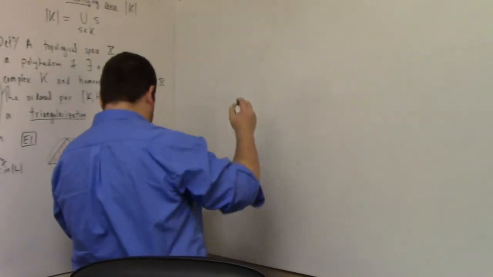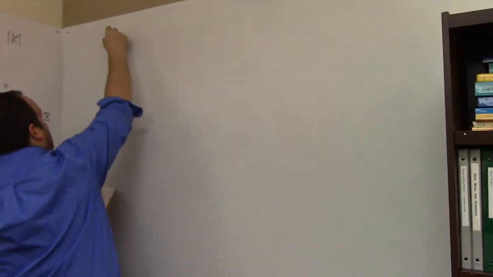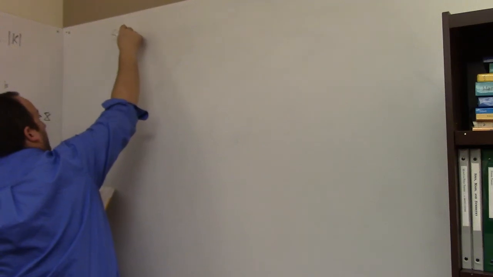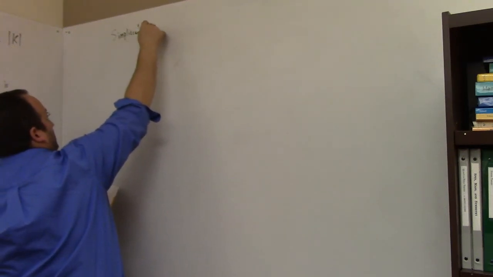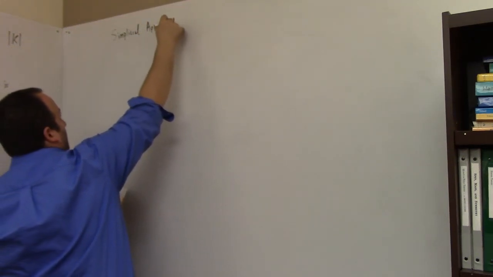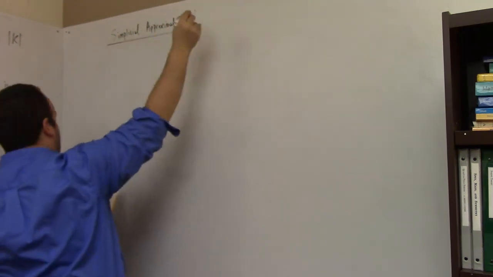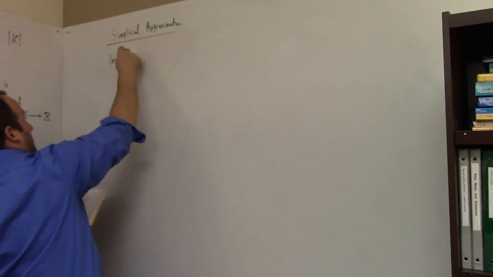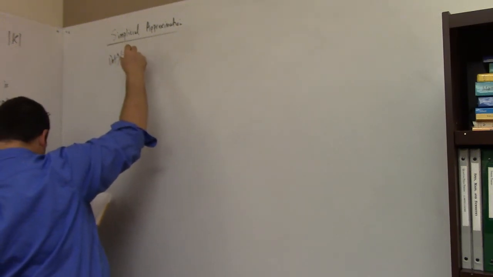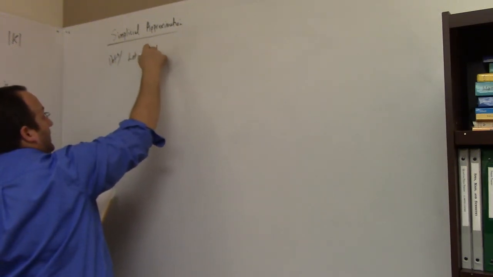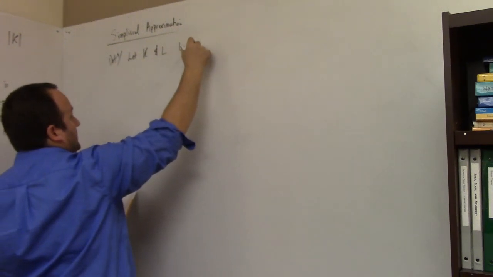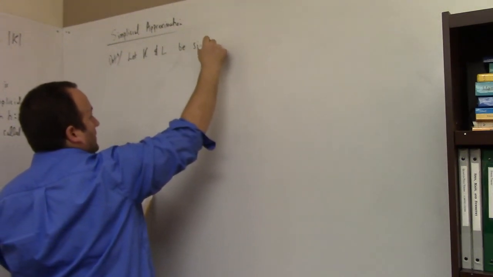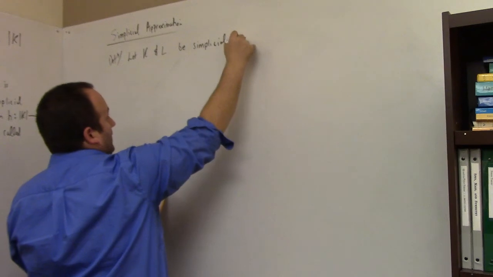Now we're talking about simplicial approximation. Definition. Let K and L be simplicial complexes.